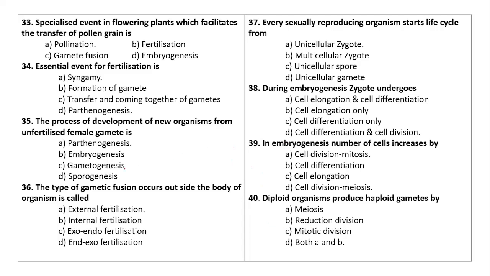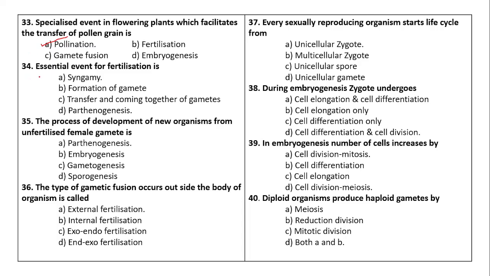Transfer of pollen grains means pollination. The process of transfer of pollen grains from anther to the stigmatic surface is called pollination. Directly from the definition they have asked this question, right? The answer is pollination.